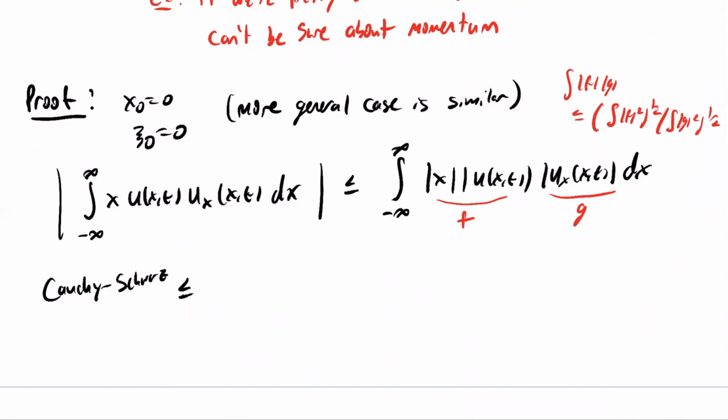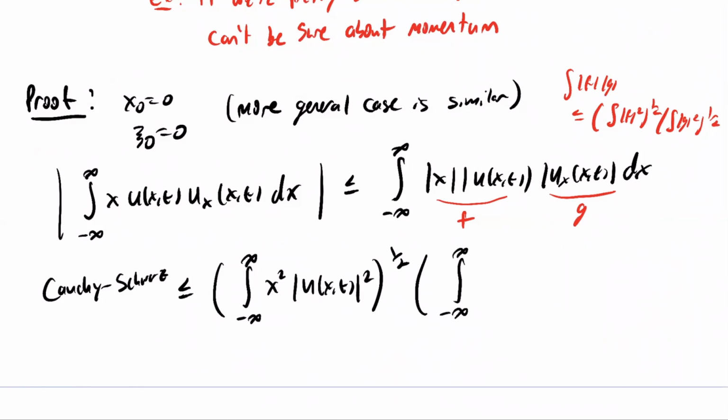With this in mind, this is less than or equal to the integral from -infinity to infinity of x squared times the absolute value of u of x,t squared, to the 1/2, times the integral from -infinity to infinity of the absolute value of u_x of x,t squared dx, to the 1/2.